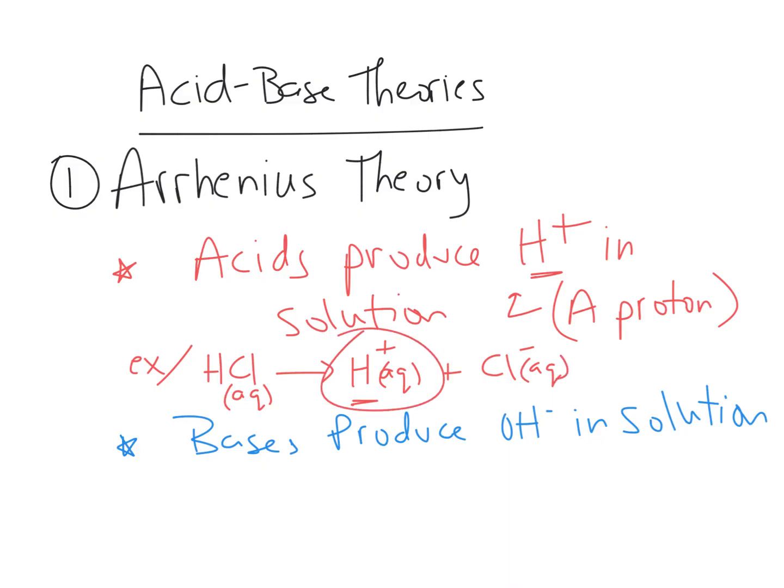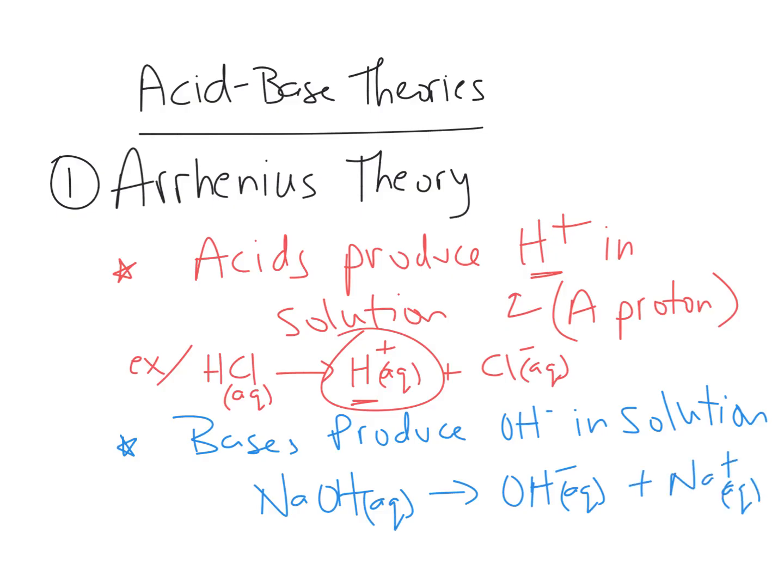We're really interested in the H+ that it produces in solution. And then if you look at a base, for example NaOH, when it's in solution, it produces the hydroxide ion, and that is of utmost importance, especially relative to the sodium ion. We don't much care about the Na+, we care mostly about the hydroxide.